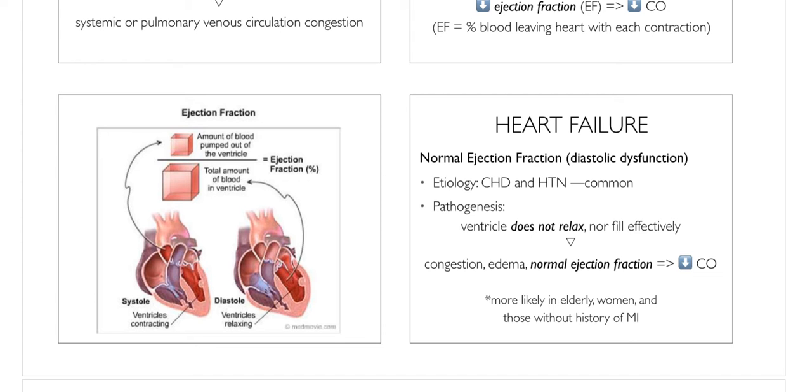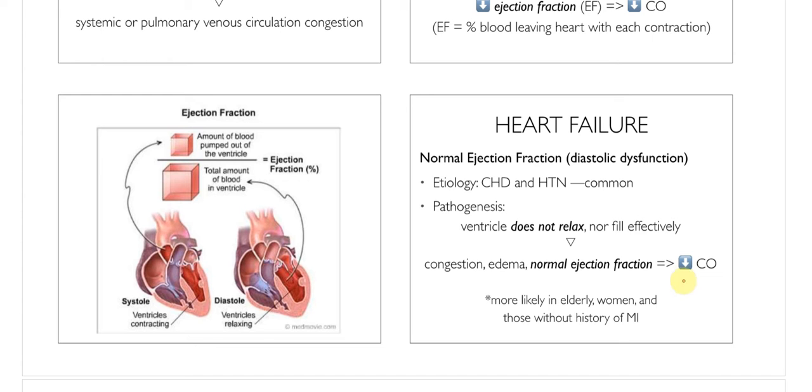So in this case, we're going to have a normal ejection fraction because while the heart cannot fully expand and relax and accommodate the same volume of blood that you would normally have in a healthy heart, whatever amount it does have filled into it can be ejected normally.